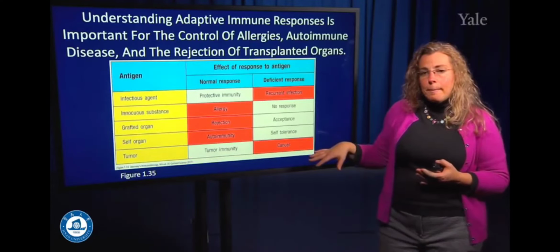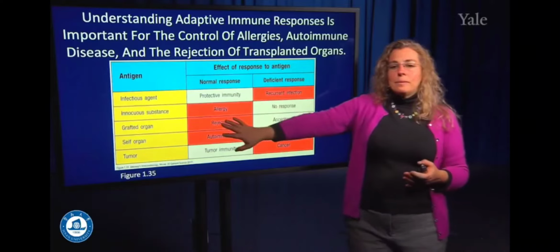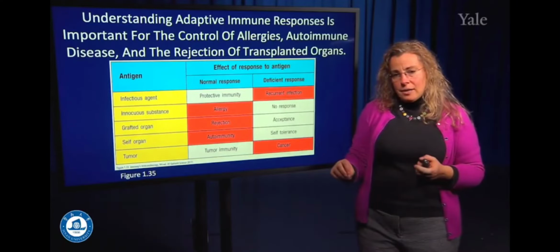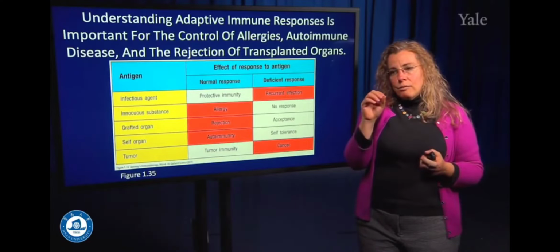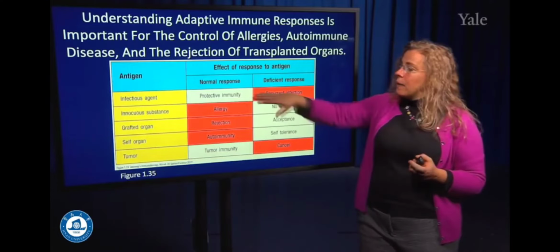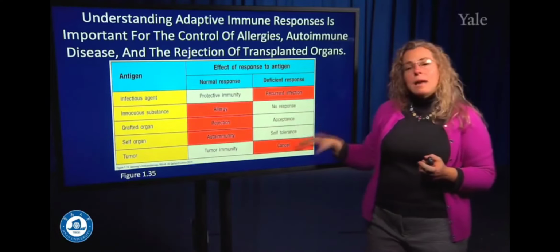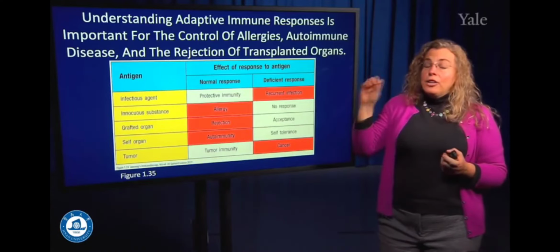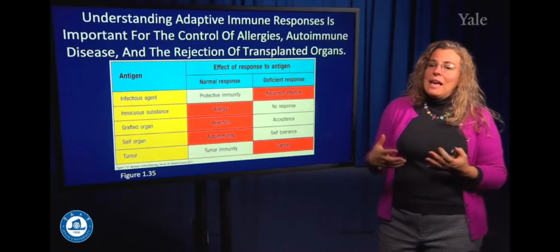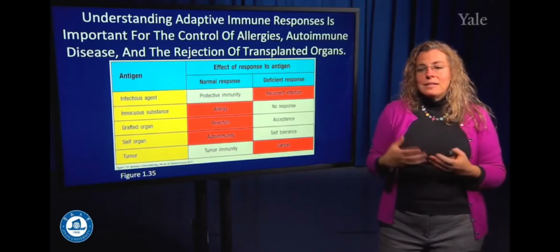So the whole point of this table is to tell you that the normal response is to always respond. The adaptive immune response wants to be activated. And sometimes we want that, but sometimes we don't. And you'll learn throughout the lectures about all the ways that the immune response is actually controlled.